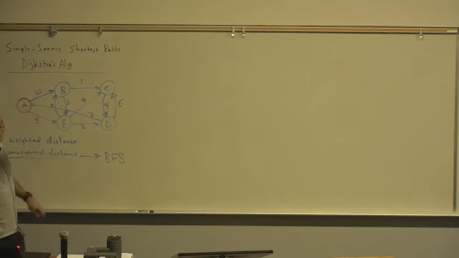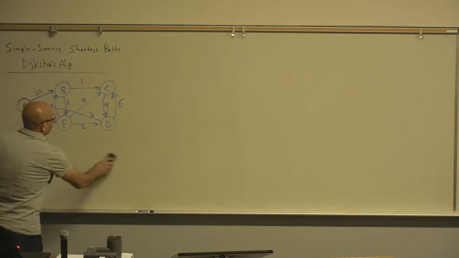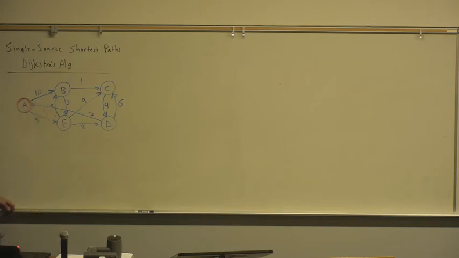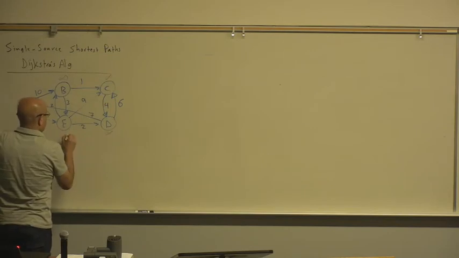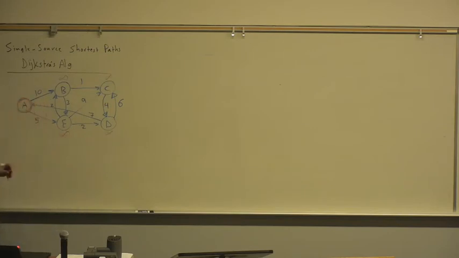Now, what's the main idea behind Dijkstra's algorithm? Well, first of all, we have the source. First we just label all vertices with the distance of infinity. We haven't discovered anything yet.